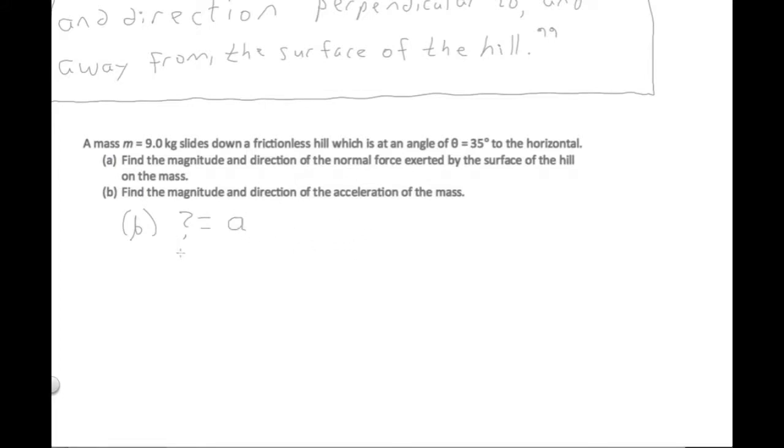Without the arrow, it represents just the magnitude. And we also want the direction of the acceleration vector. Here it makes sense to include an arrow because we want something with a direction. Always try to use the exact right symbol to help you represent what the question is asking for.